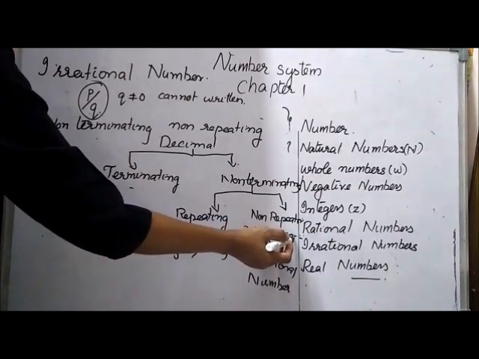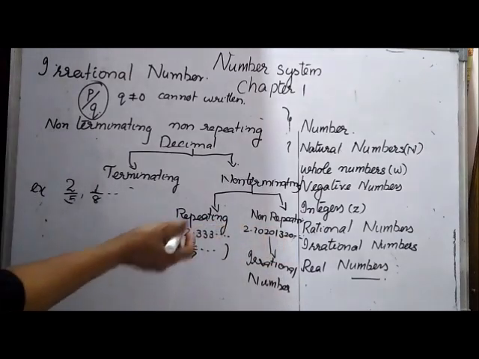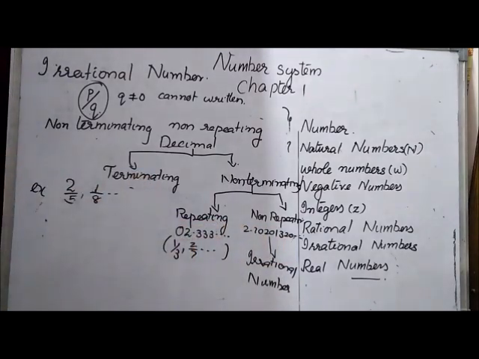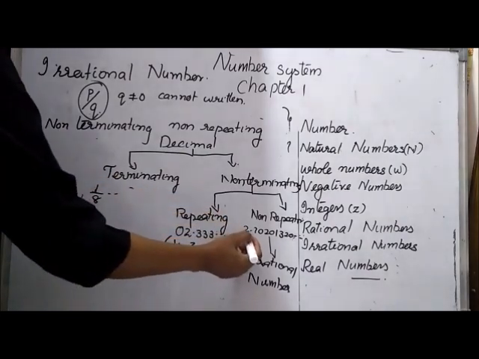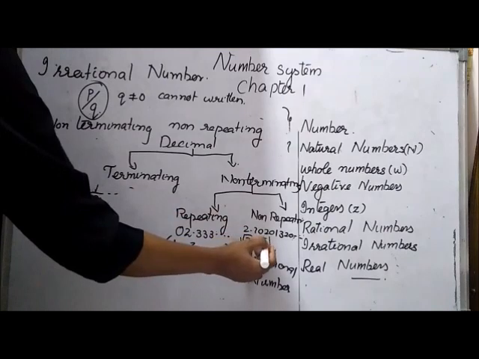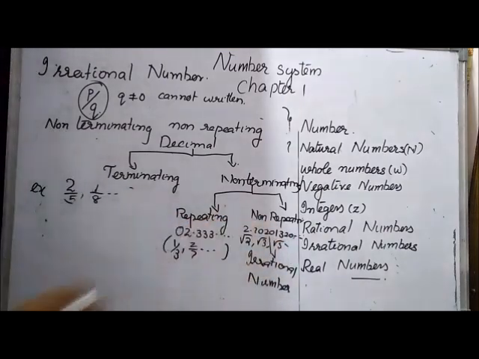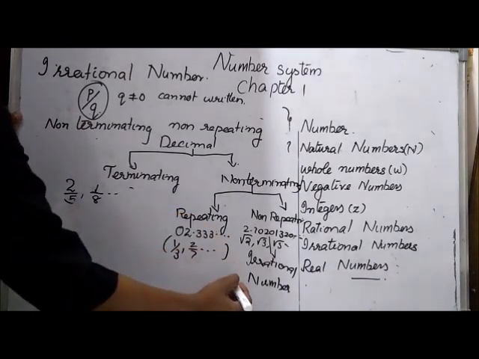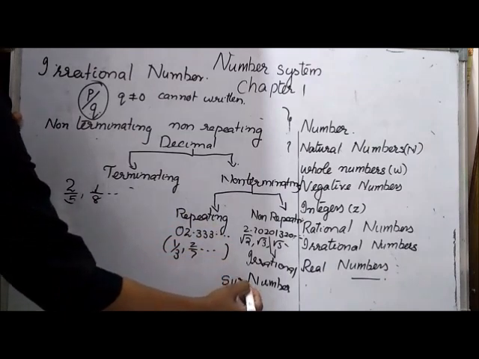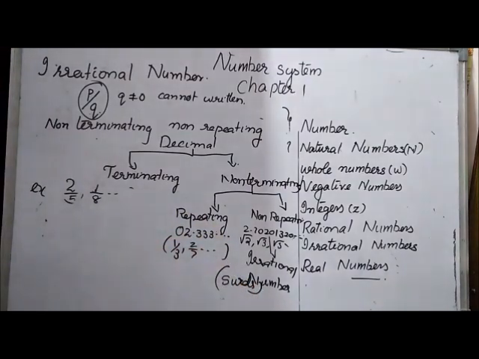Here, more examples are under root 2, under root 3, under root 5. That means under root of prime numbers are always non-terminating, non-repeating numbers. These are known as surds, irrational number or surds.